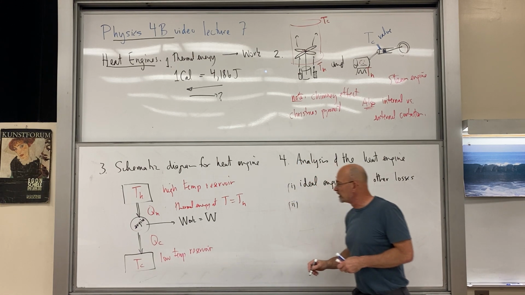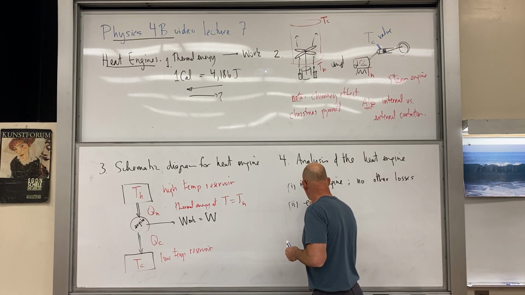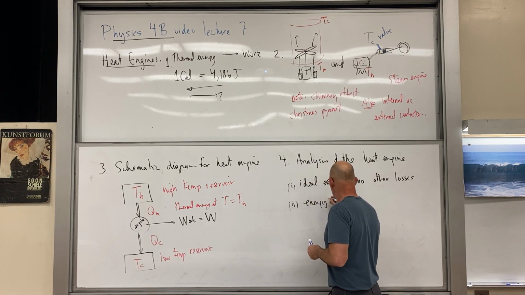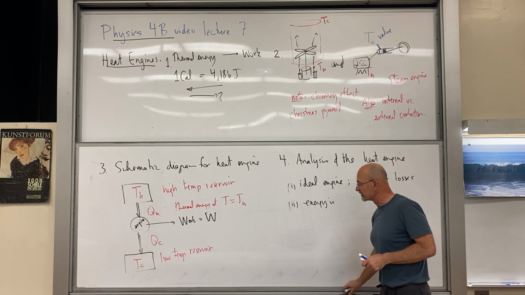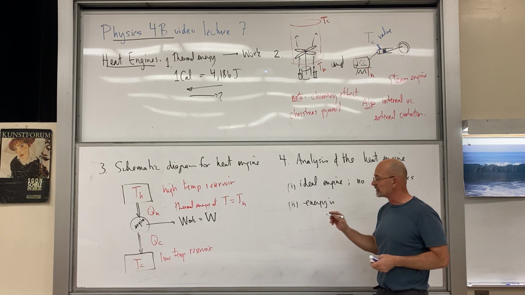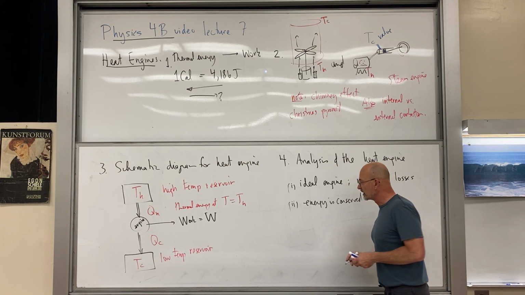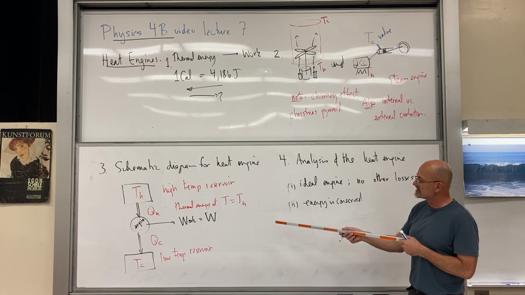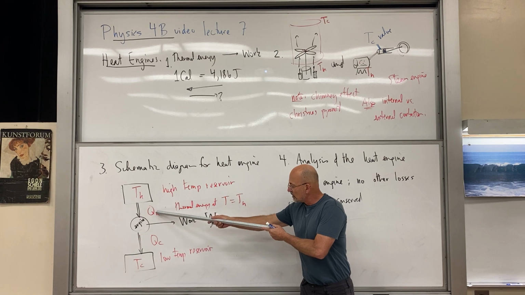And the other thing we're going to assume is energy is conserved. This is the famous first law of thermodynamics, which takes various forms, but most generally, it's just energy is conserved. So what does that mean in the case of this engine? These are the only 3 energy quanta, right?